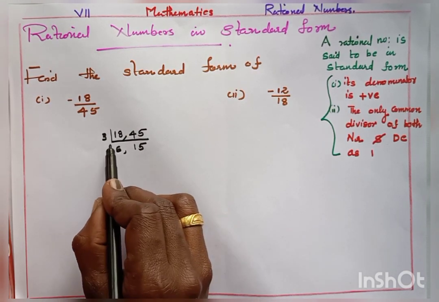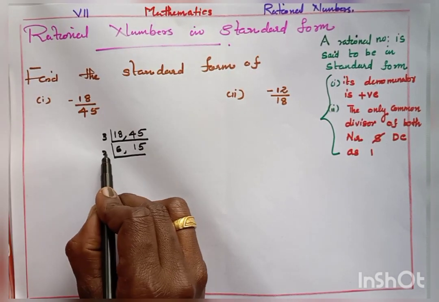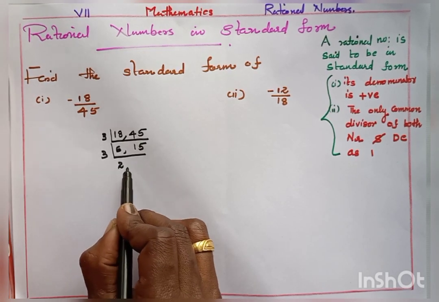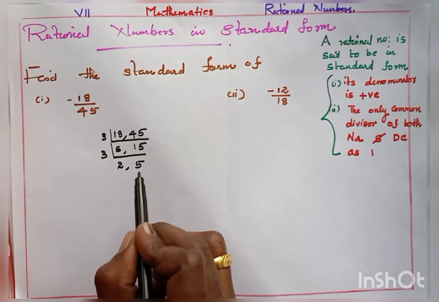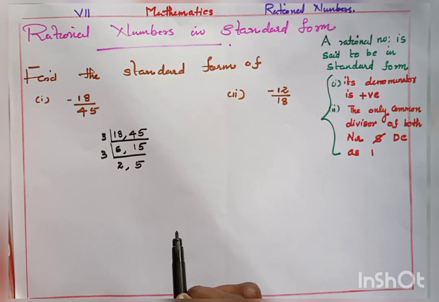Again 6 and 15, 3 is the common factor, 2 3s are 6, 5 3s are 15. 2 and 5 have no common factors.